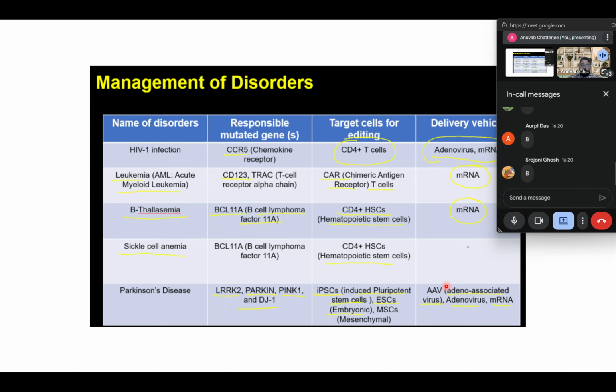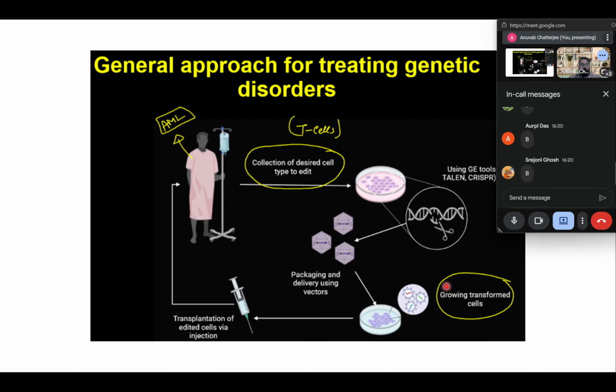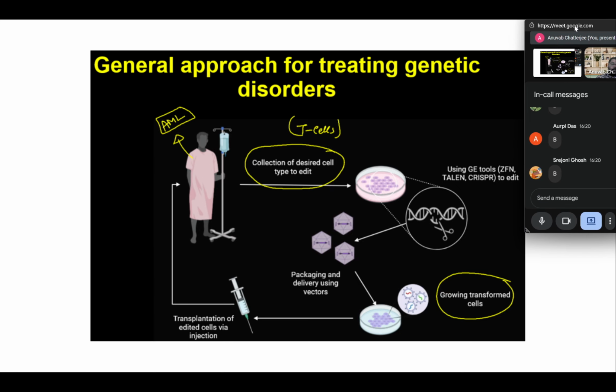As I said, there has been a lot of research in this, and this is the strategy that we generally use for treating genetic disorders. So, what we use is known as an ex vivo approach, or it could be an in vivo approach. For an ex vivo approach, for example, in case of a disorder in T cells.